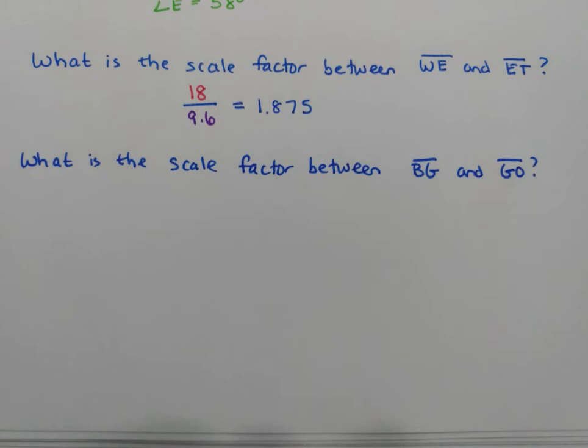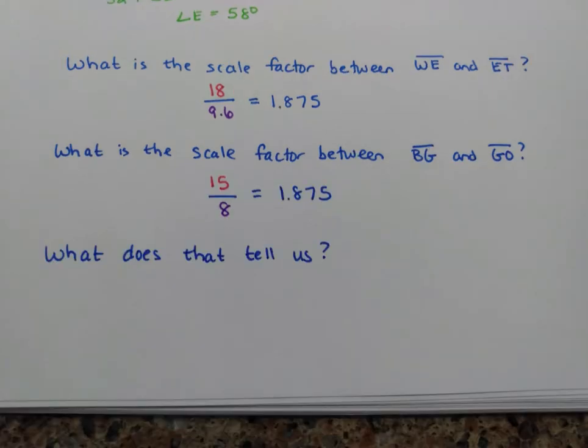So now do the same comparison using the other smaller triangle. Let's compare the same two corresponding sides, BG and GO. Comparing their same two sides also gets us 1.875.